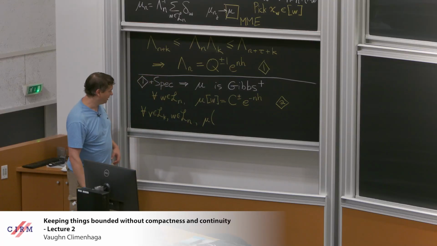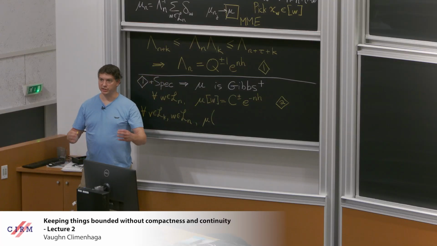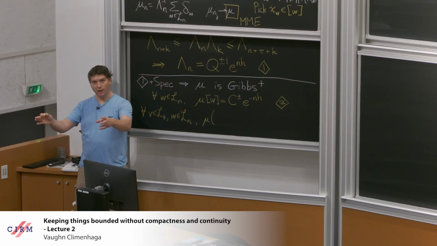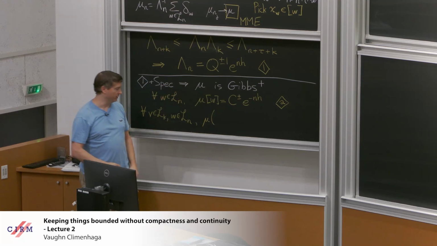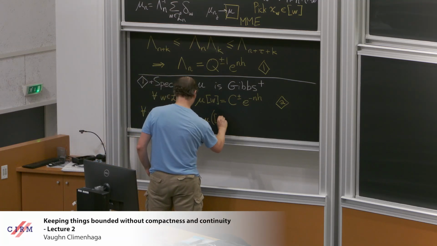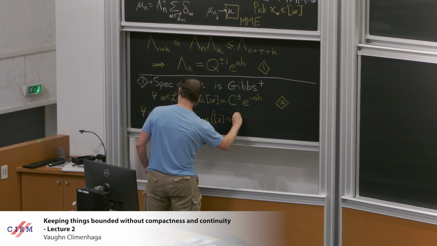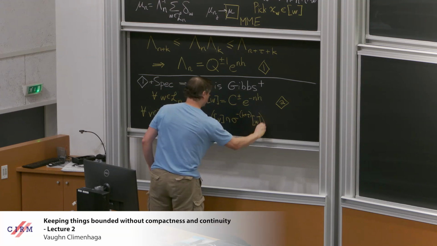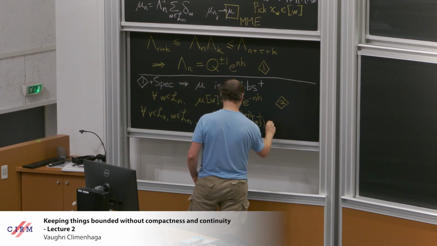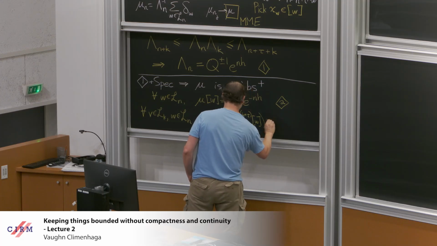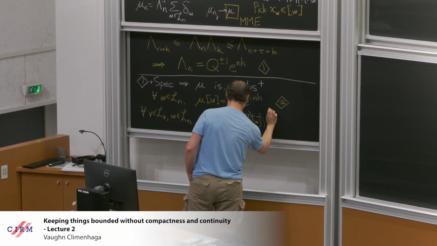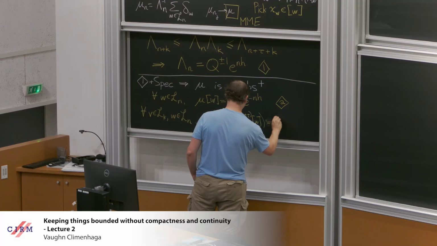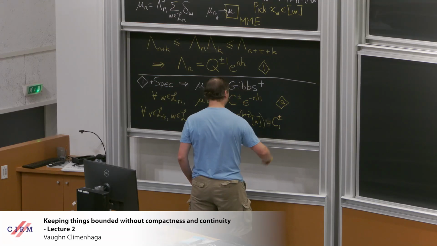If you want to know the measure of the set of points which sees a particular word v now and then a specified word w a little later on, you can also get this bound. It's within a multiplicative constant, so let's call this C1.